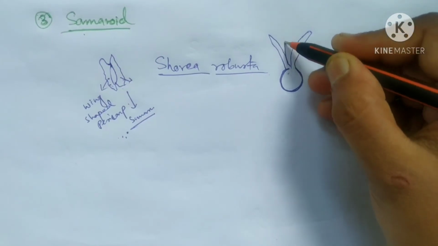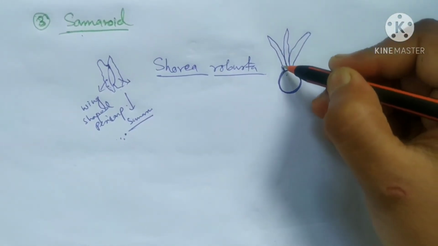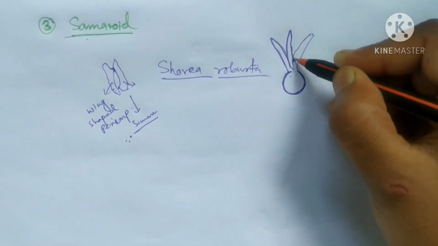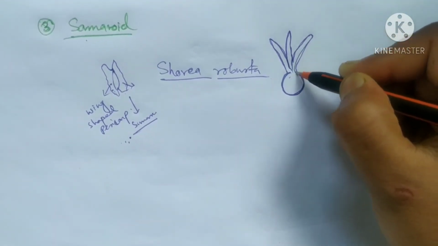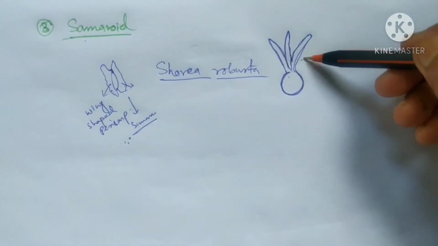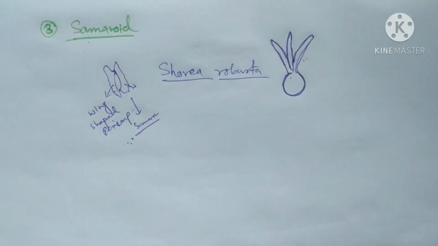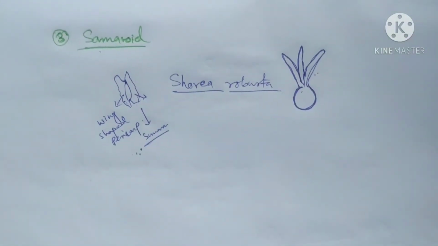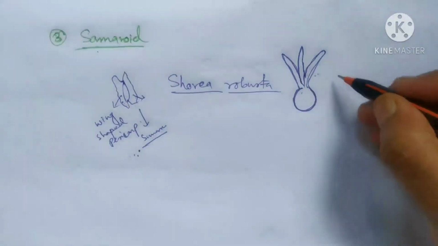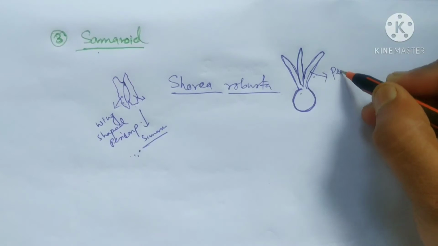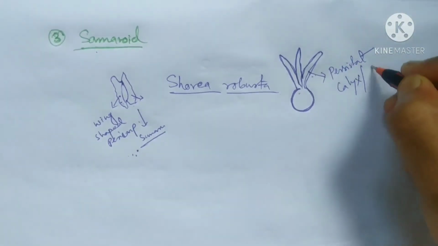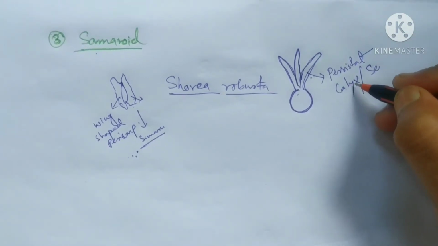Okay, so these wings are not pericarp. These are persistent sepal or calyx. So this is the difference between Samara and samaroid type fruit. Okay, so this is persistent calyx or sepal.